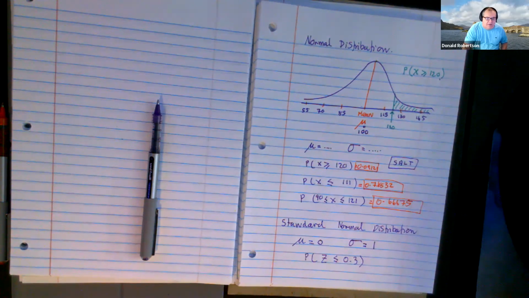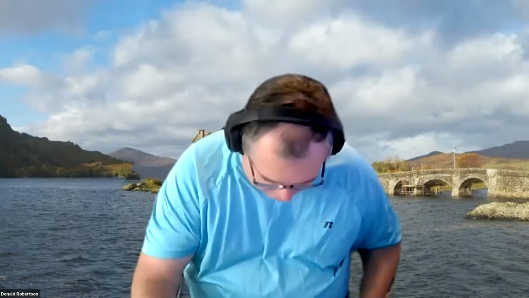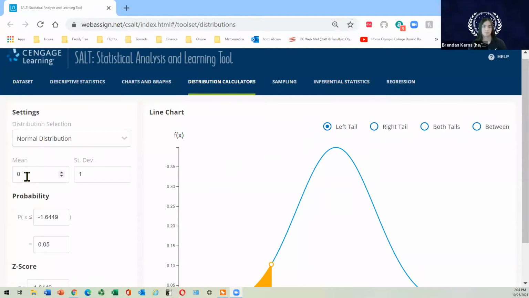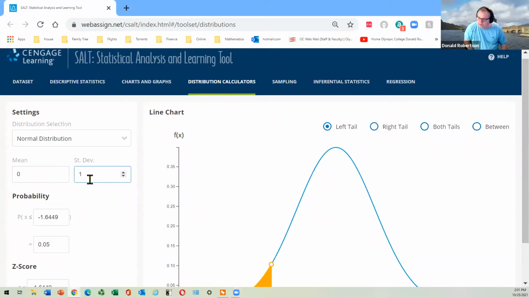Put him here. And let's do what's the probability that you get a z-score less than 0.3? Are you looking at the normal distribution? Yep. You see the mean is 0 and the standard deviation is 1, which is actually what you normally start with.